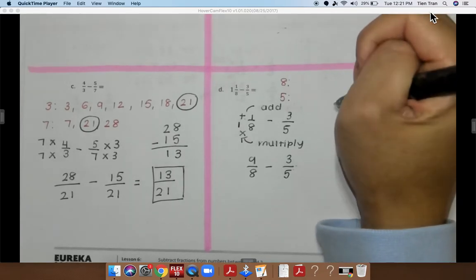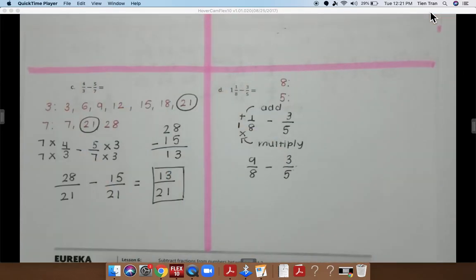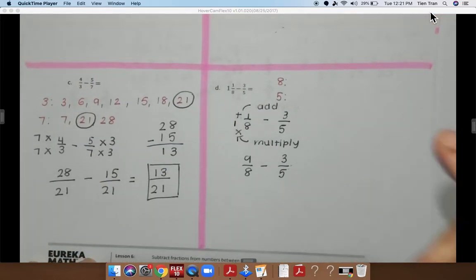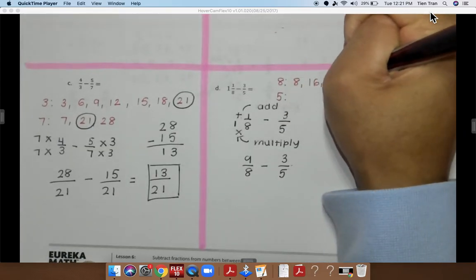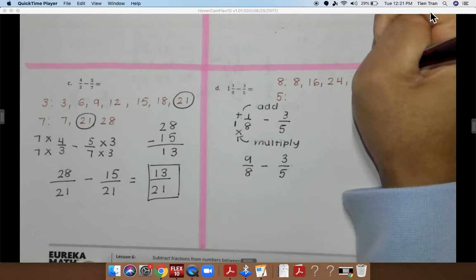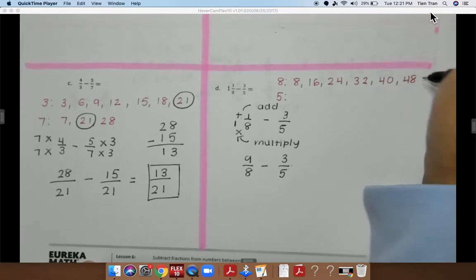So what I'm going to do is find the multiples for 8 and for 5. My multiples for 8 are 8, 16, 24, 32, 40, and 48.